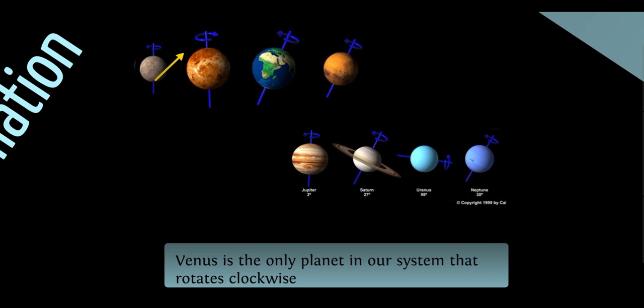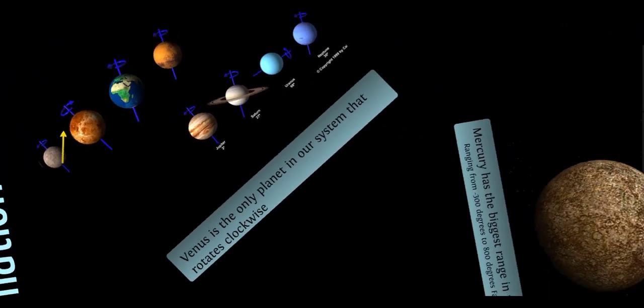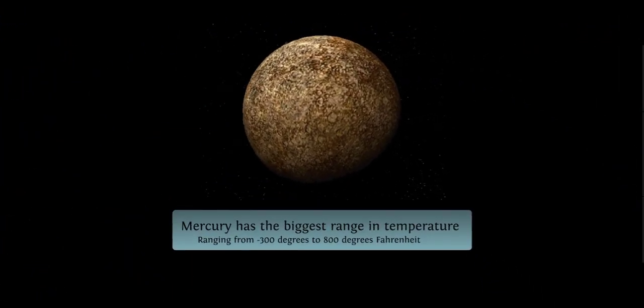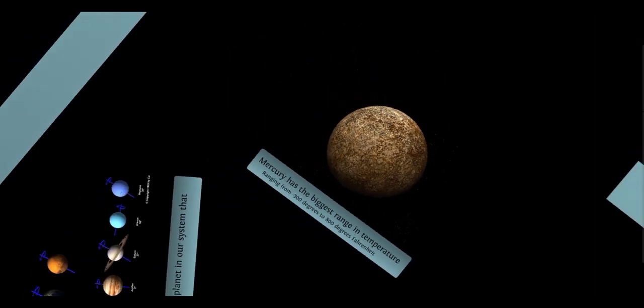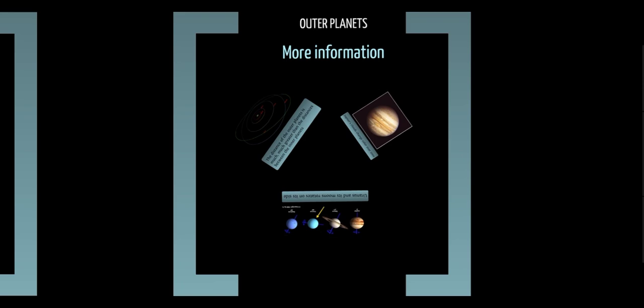By the way, Venus is Earth's twin sister. Mercury has the biggest range in temperature, ranging from negative 300 to 800 degrees Fahrenheit.